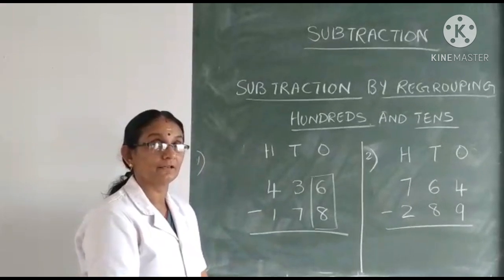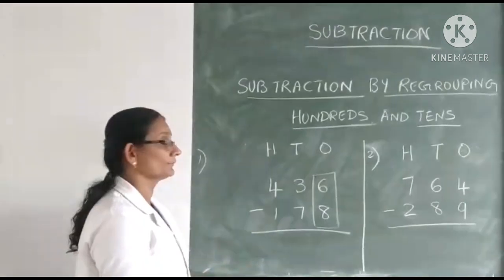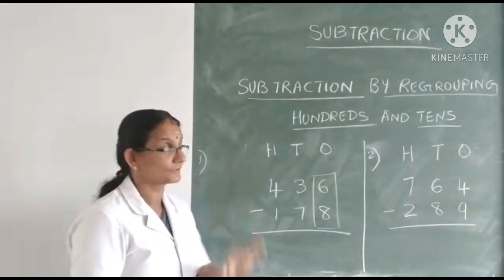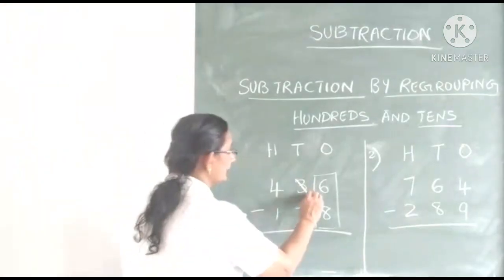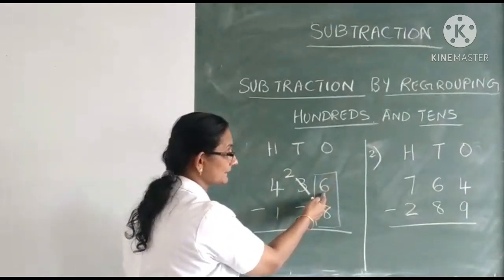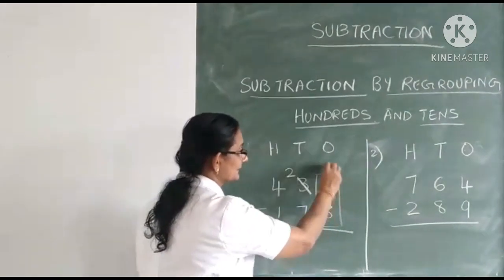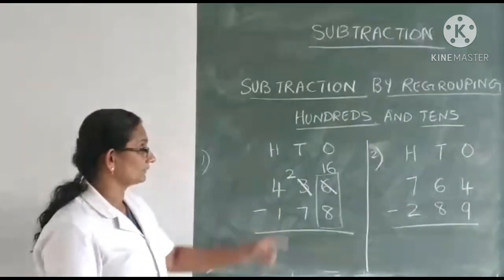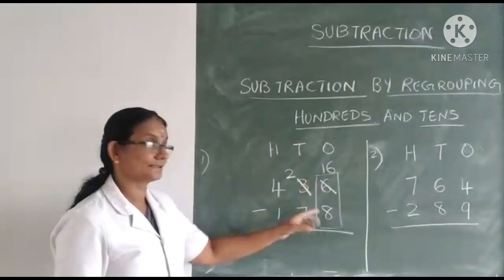So you have to take away 1 ten. From 3 tens you take away 1 ten. How many tens are left? 2. So you take away 1 ten, and that 10 plus 6 will give you 16. Now you have to subtract 8 from 16.